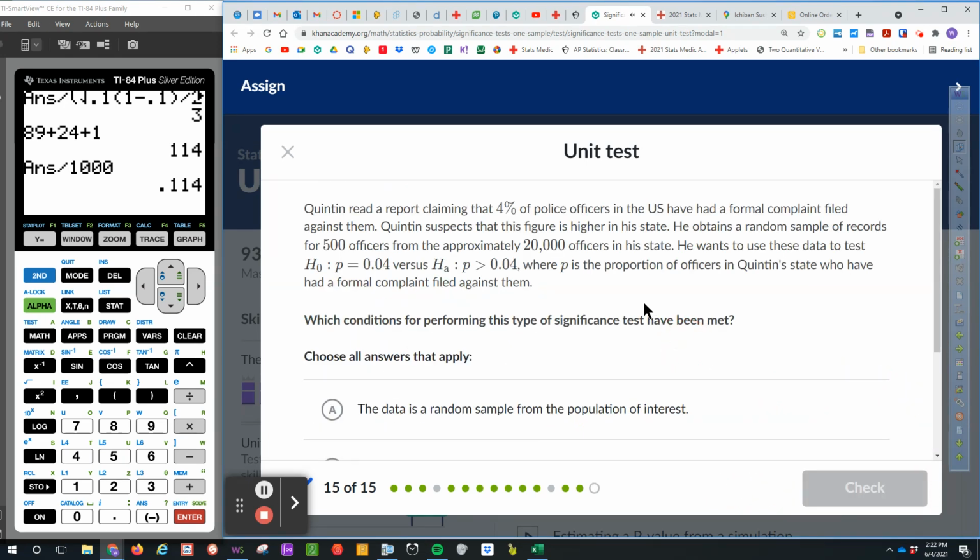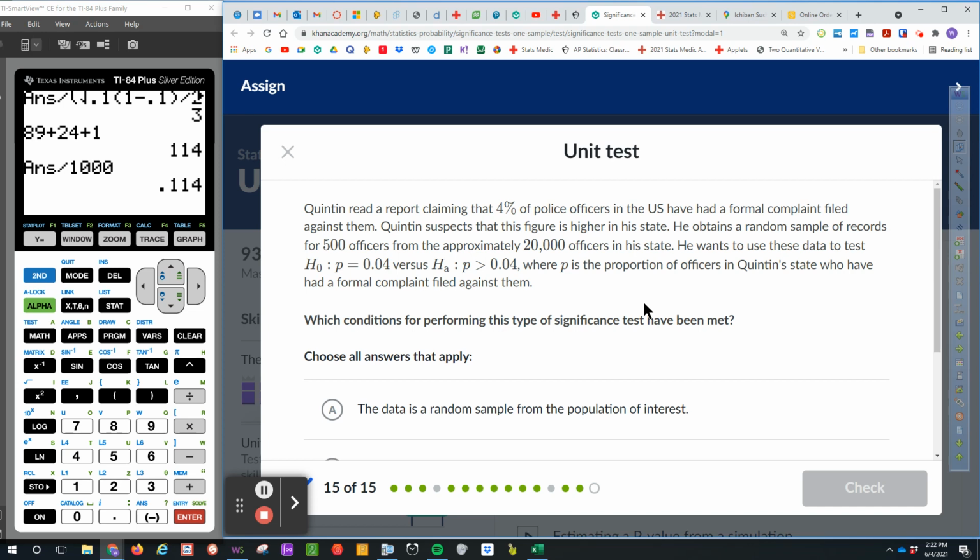So I believe this is the last. Quintin read a report claiming that 4% of police officers in the US have had a formal complaint filed against them. Quintin suspects that this figure is higher in his state. He obtains a random sample of records for 500 officers from the approximately 20,000 officers in the state.